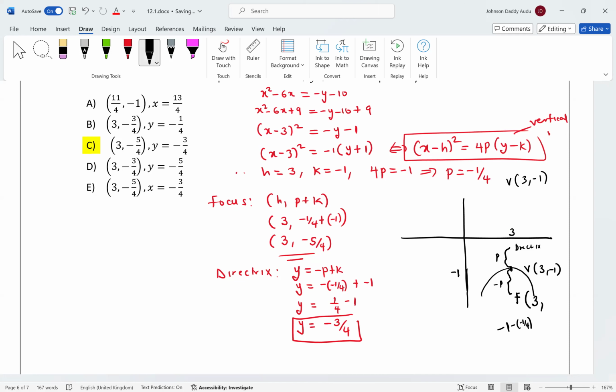So you just have minus 1 over 4 because of the distance. So this will give us what? This will give us minus 1 plus what? It's minus 1 plus 1 over 4. And this will give you minus 5 over 4, right?